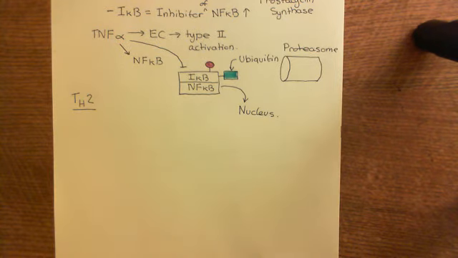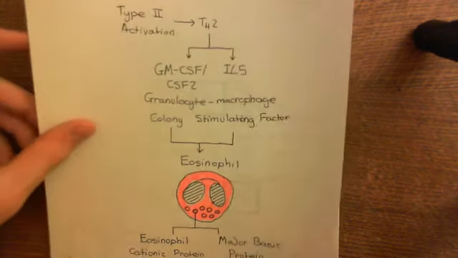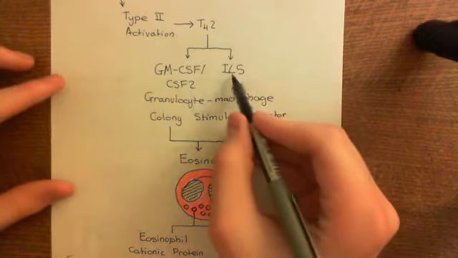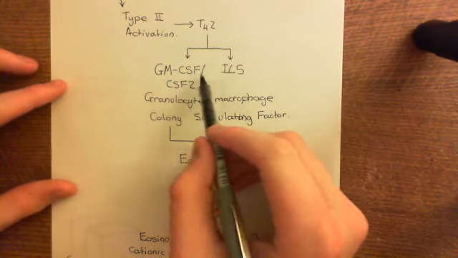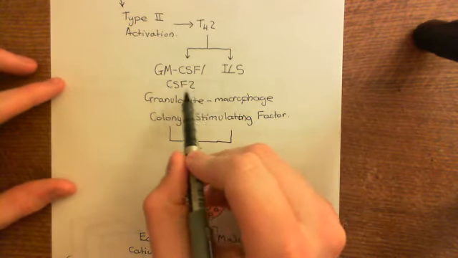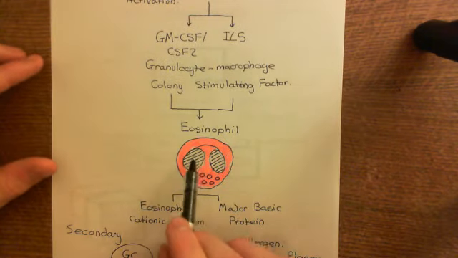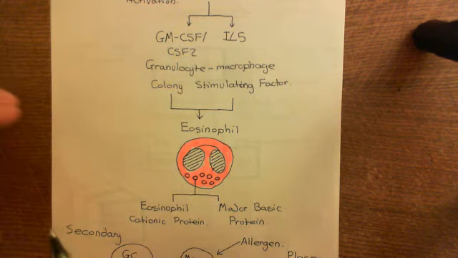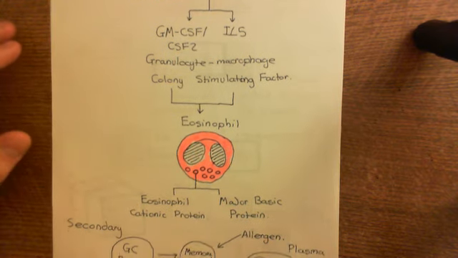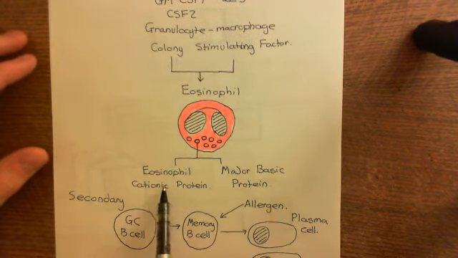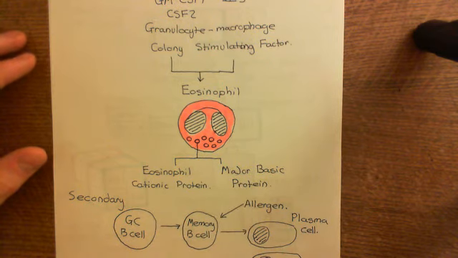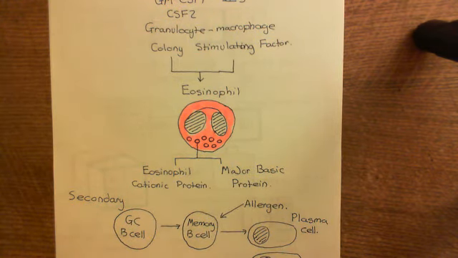The two proteins were interleukin-5 and granulocyte macrophage colony stimulating factor, also known as colony stimulating factor 2. These led to eosinophil recruitment and then eosinophil activation, whereby the eosinophils released eosinophil cationic protein and major basic protein, which then led to the damage of the epithelium of the bronchi all over the place, basically.